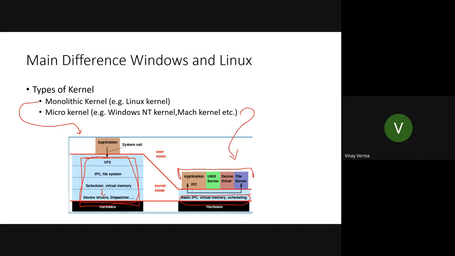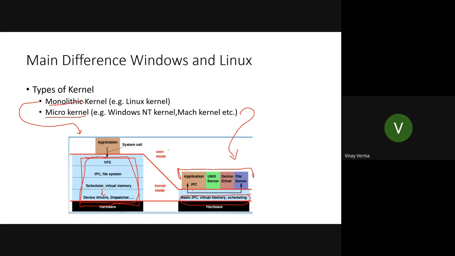But now, since this one was a much better approach, Windows is just shifting towards this one. So Windows is also shifting towards this monolithic kernel. So this is monolithic kernel and this is microkernel. Microkernel is a small kernel, and the user mode is the top layer, then hardware, then kernel, then user mode.